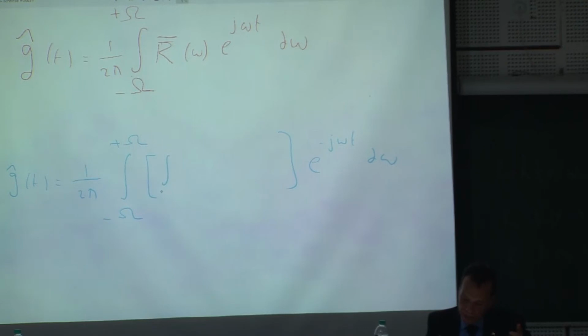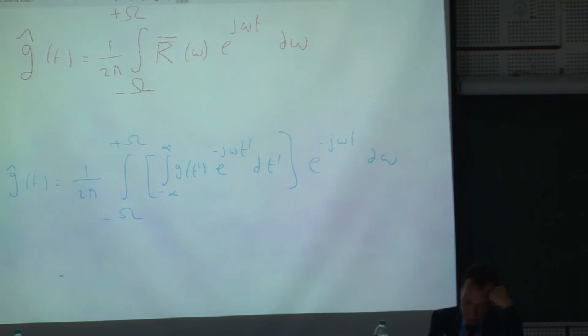It was integral from minus infinity to infinity g of, because I am not allowed to use t again, I will call it t dash, e to the minus j omega t dash d t dash. So I just wrote r bar of omega in terms of the original g of t, because my goal is, what is the relation between g hat, which I can really reconstruct based on the limited bandwidth measurements, and the original image which I'm looking for.